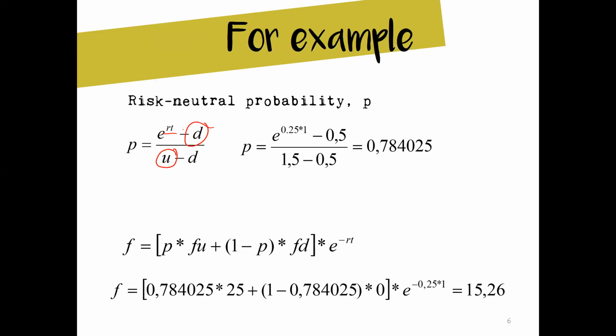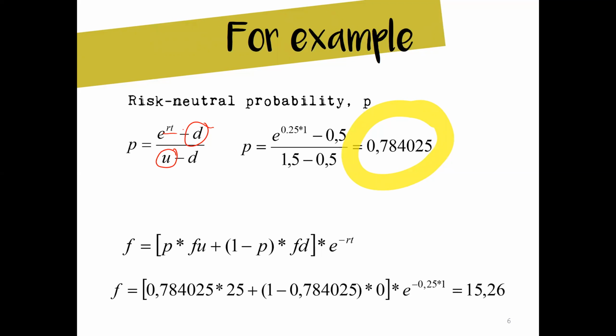So in this case, the risk neutral probability, which is a number similar to a probability, is not the real probability of the asset's price going up or down. It's just a number with properties which are similar to a probability. And if you would like to read more about this, please go to chapter 8 in our book. So the risk neutral probability is 0.78 in this case.